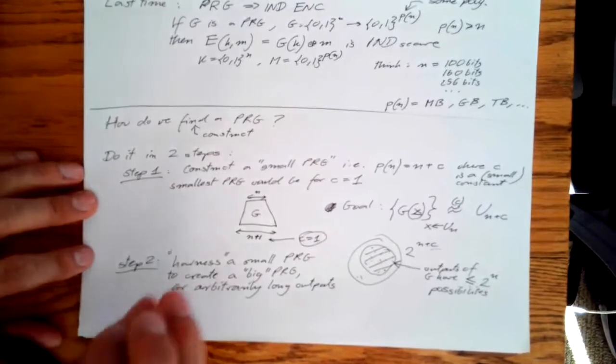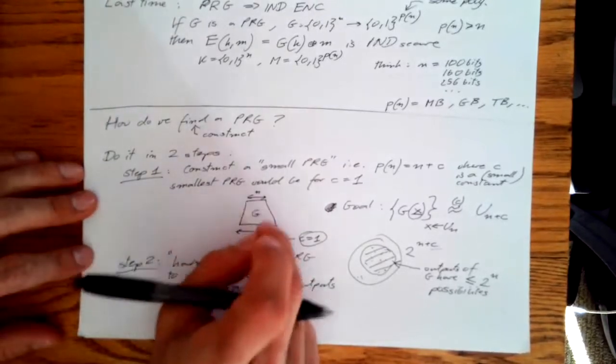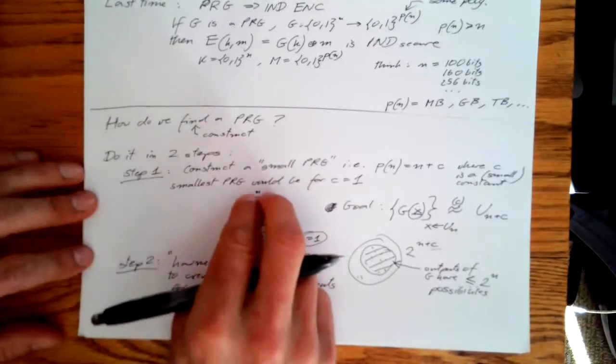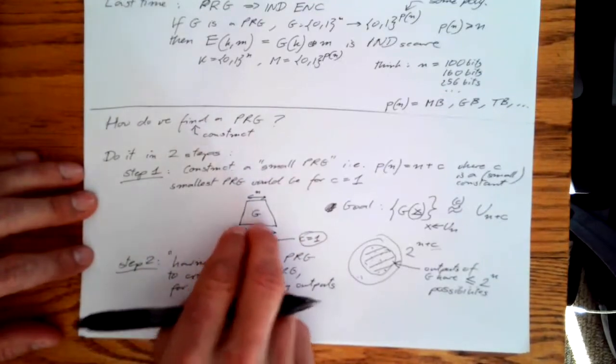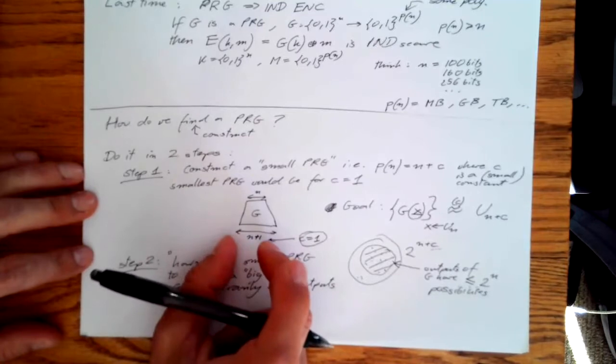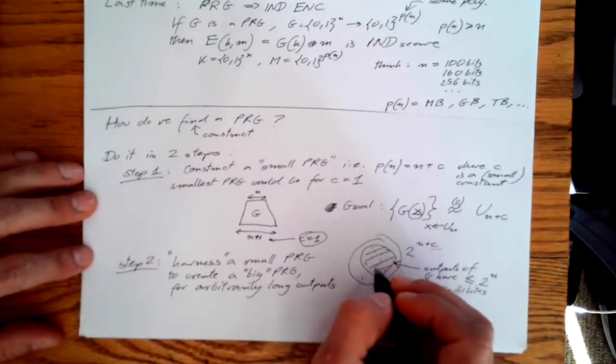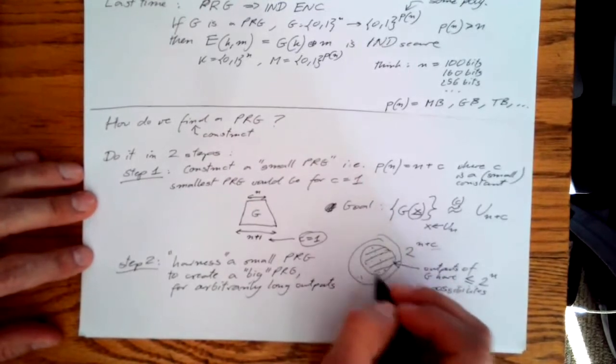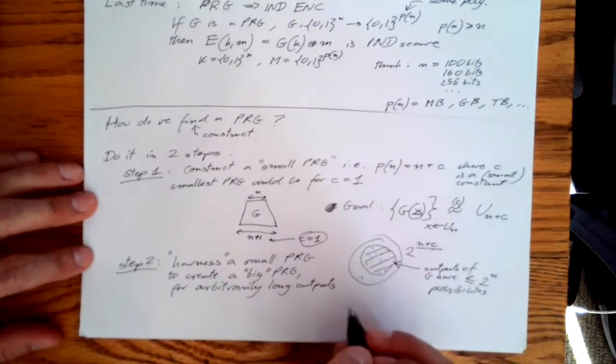So let's say I have some code which scrambles these inside bits and creates output bits in such a way that nobody can tell a pattern. Nobody can tell that these outputs are correlated, so they do belong to this partition among all the n plus c bit output strings.